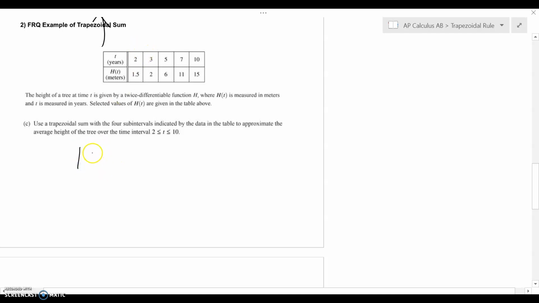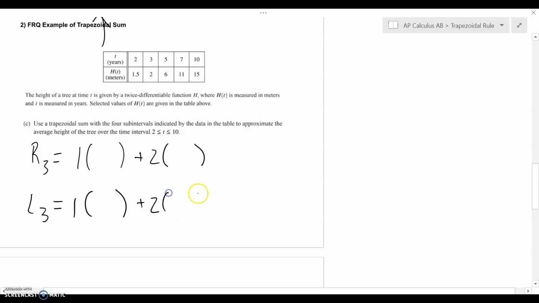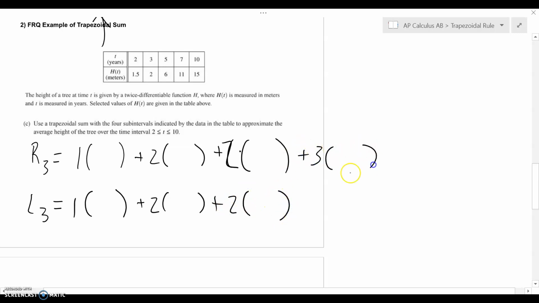And then our height is going to vary depending on if we're looking at a right edge or left edge. Then from 3 to 5 a width of 2, and from 5 to 7 another width of 2. And then from 7 to 10, we've got a width of 3. So we have to account for the different widths.